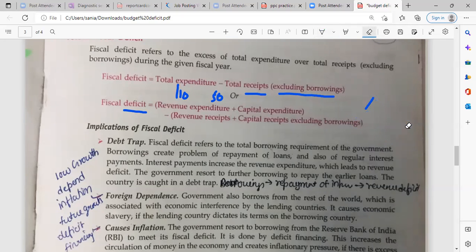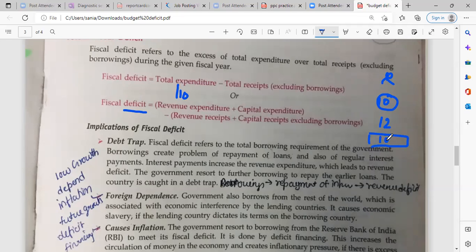I'm just again giving you an example because debt trap is very important. Now listen to it very carefully. For example, this is Mohammed Ayan. I took 10 rupees from Mohammed Ayan. So he said, okay, ma'am, take it, but when you return it, you have to pay me 2 rupees as interest. So you have to pay me 12 rupees. Now what happened? Next month my salary came, I got 10 rupees.